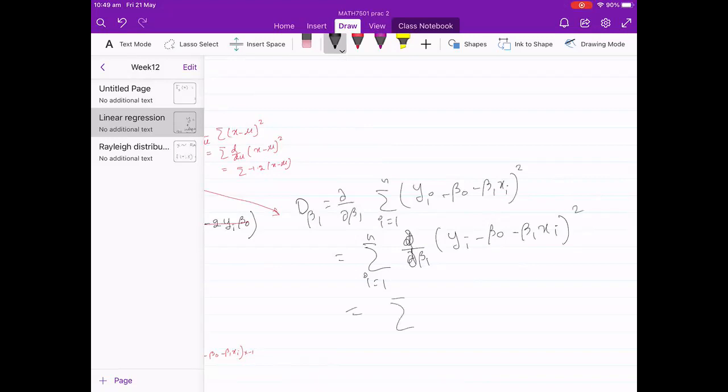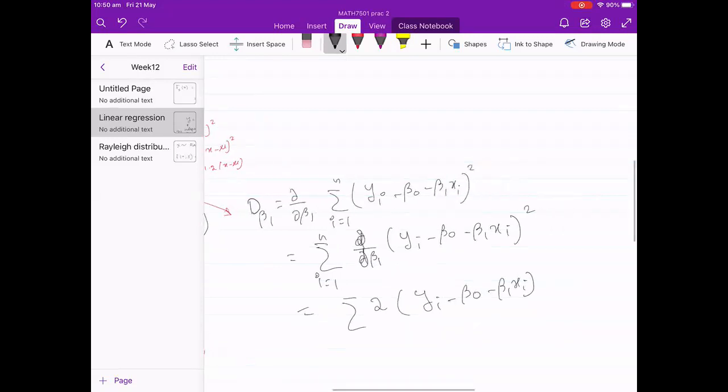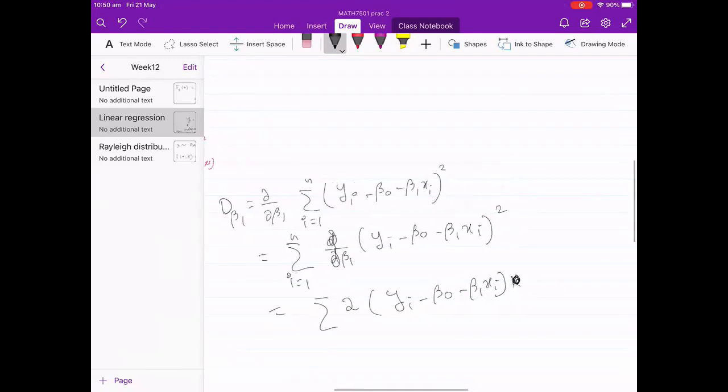You could use the chain rule here. So that's 2 times this whole thing, (yi minus beta 0 minus beta 1 xi), multiplied by the derivative of what's inside with respect to beta 1.